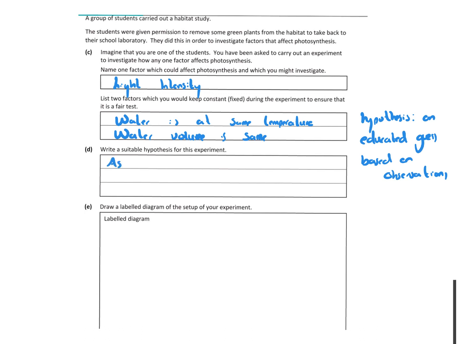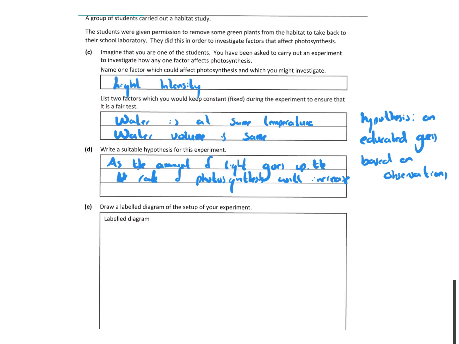Well, as the amount of light goes up, the rate of photosynthesis will increase.